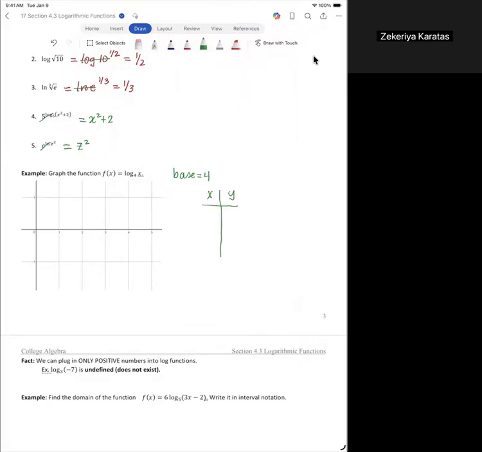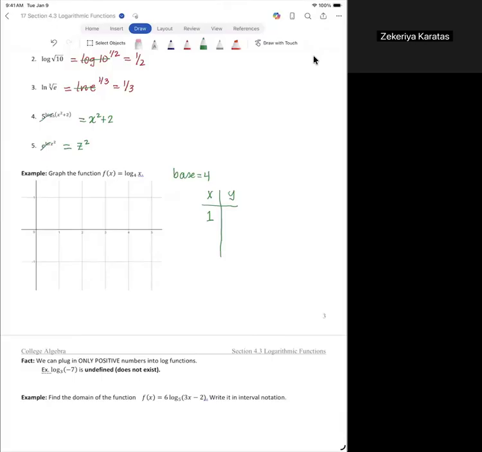Like powers of 4, you can use 1. You cannot use negative values. Just keep that in mind. It should be positive because the output in the log case is the exponent. So whatever you insert in here is going to be a power of 4. That means it can't be 0 or negative.